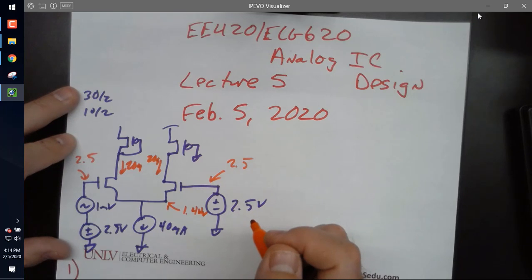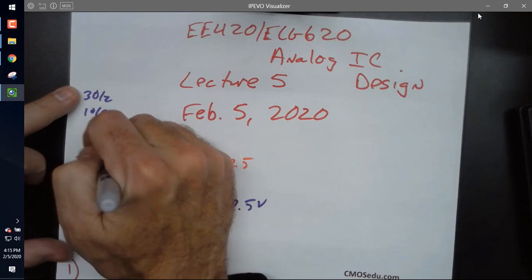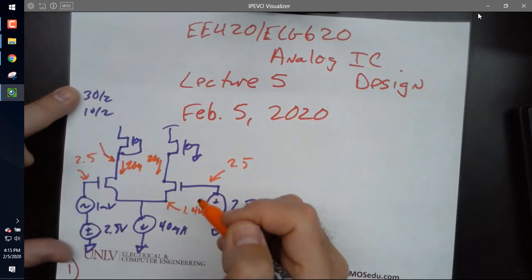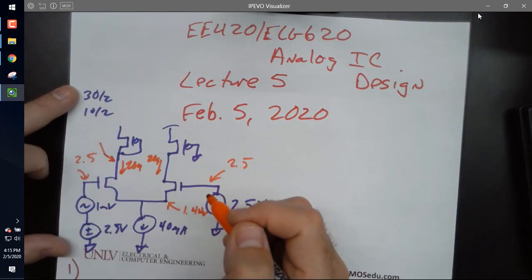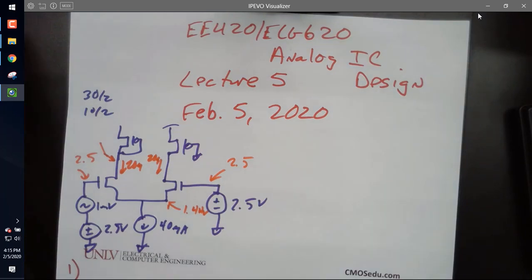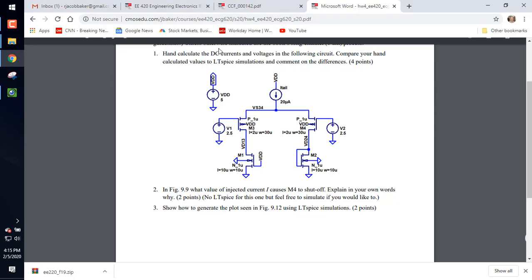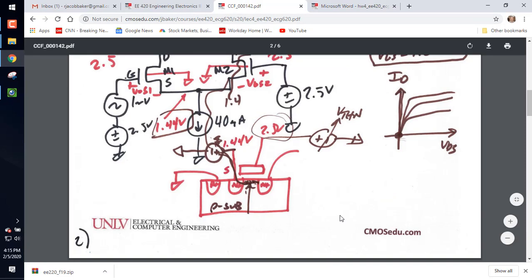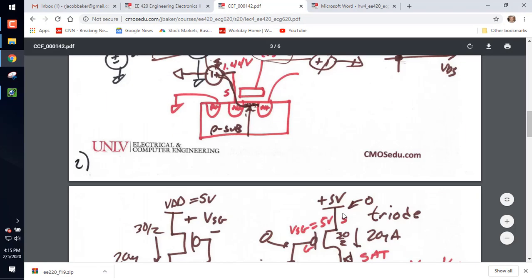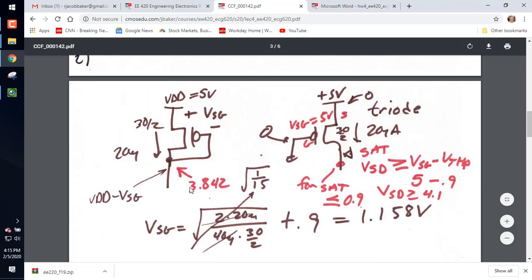All right, 1.44. And what was this voltage? We didn't solve for that, 3.842.